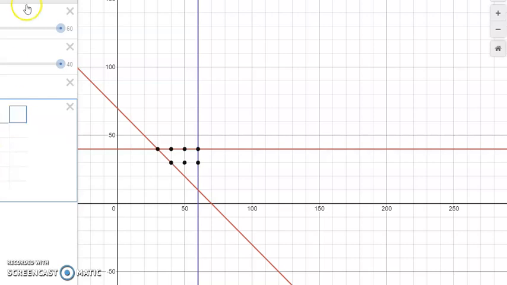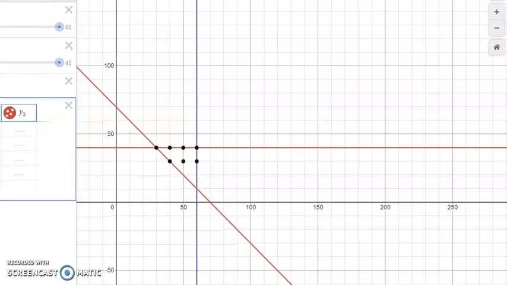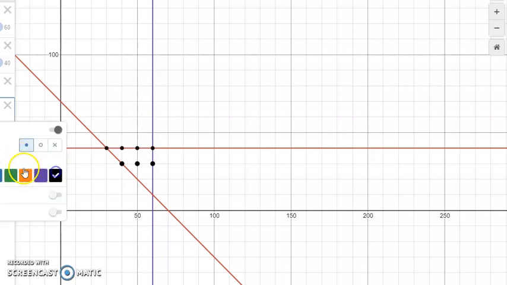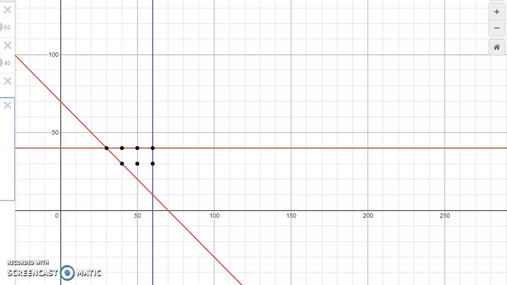And then we have one at 50 and 40. I have that one already, sorry. 50 and 20. 60 and 20.